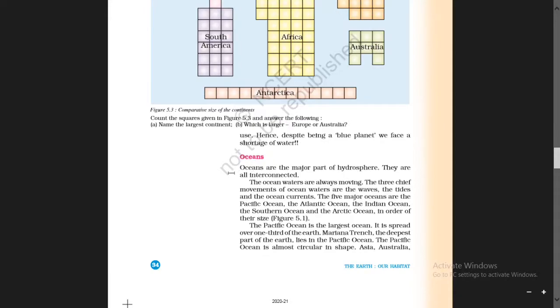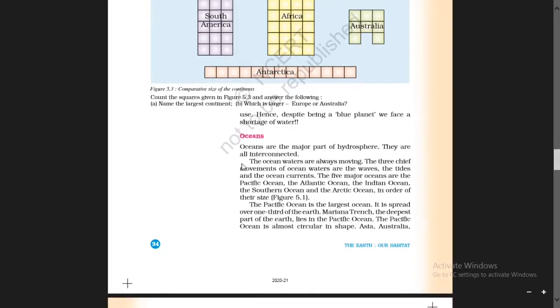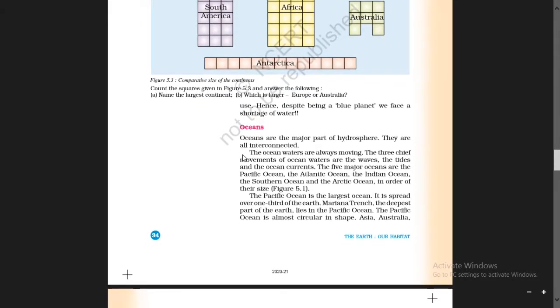Oceans. Let us say again. Oceans are the major part of hydrosphere. They are all interconnected, interlinked. That's why, as I already told you earlier, the decrease or increase of all oceans' water remains the same because they are interlinked.